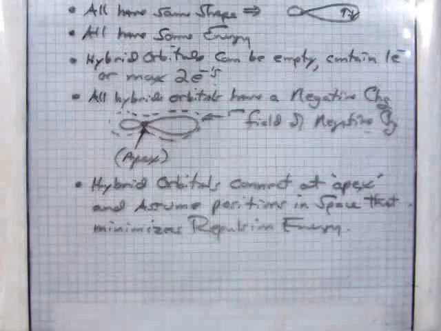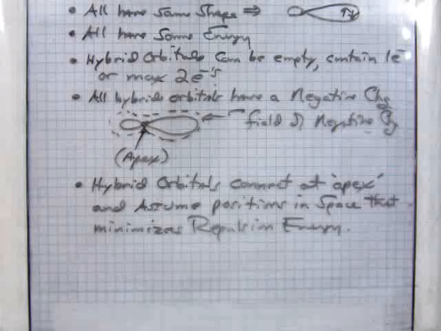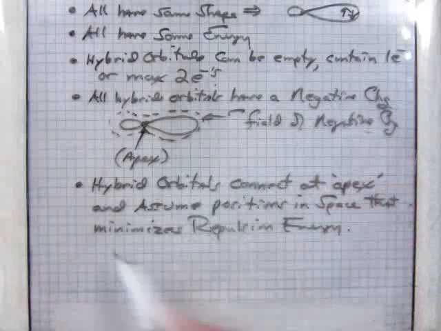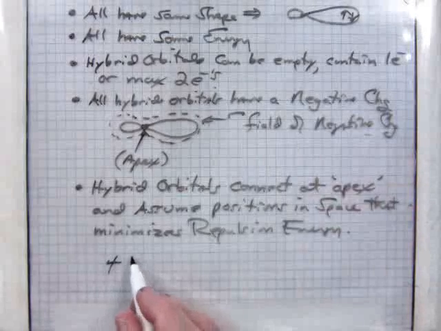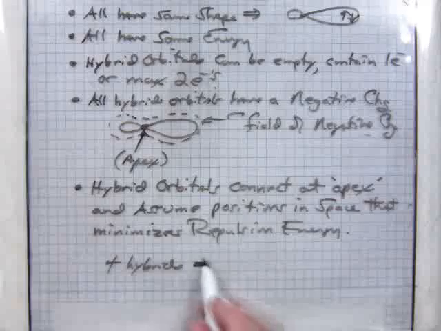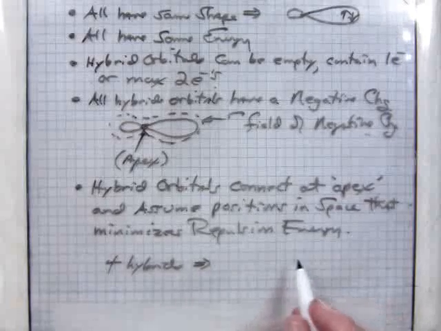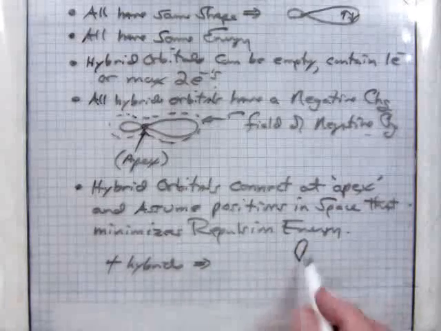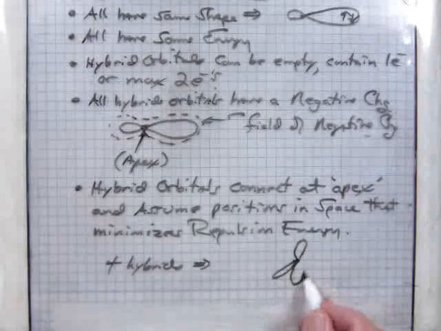So if we're talking about 4 hybrid orbitals, as we show 4 hybrid orbitals, then what you would have is a configuration that looks like a tetrahedron.